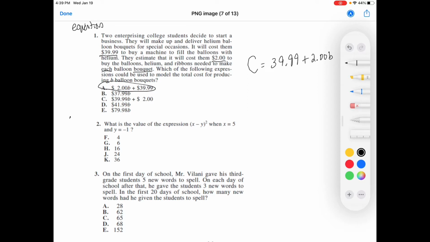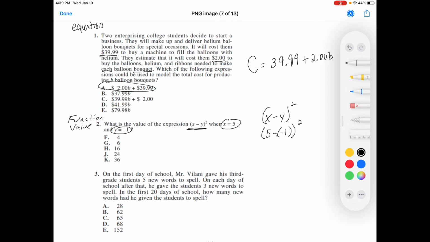Number 2 is going to be a function value question. What is the value of the expression, this function here, when x is 5 and y is -1? So our function is x minus y, squared. We're going to plug in 5 for x minus, and we're also going to plug in -1 for y.